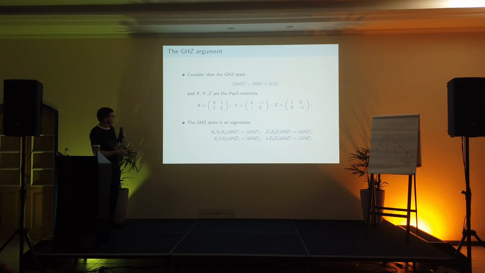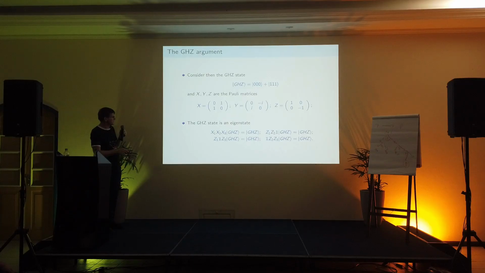So, let's go to quantum mechanics, and now consider the GHZ state again. Here it is. And now take the Pauli matrices. You can easily check that the GHZ state is an eigenstate of these Pauli matrices. Meaning the following: if you apply x, you essentially flip the zeros to 1s, so you flip these 2 terms. And if you apply z, this term gets 2 times the minus sign, which essentially disappears.